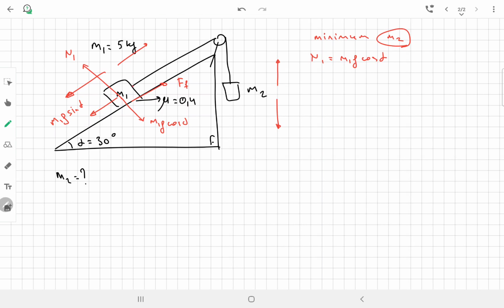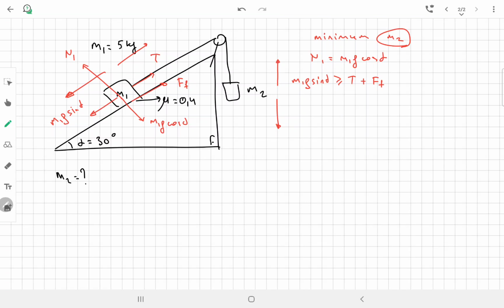And of course we have a tension also here. So as you see, according to Newton's second law, m1g sine alpha should be greater or at least equal to tension plus friction force. It should be equal or greater in order to move downward.